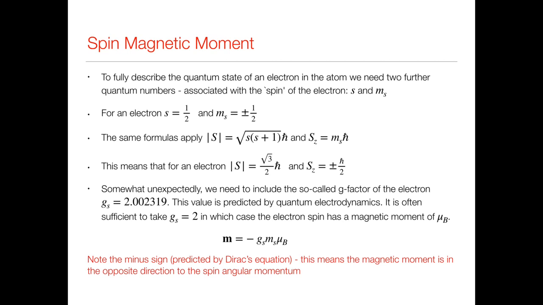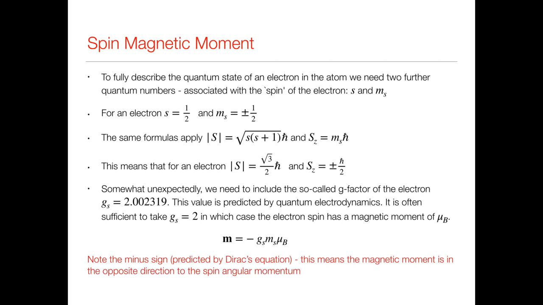But in this case, it turns out that it's slightly bigger than 2. So the magnetic moment down here is mu_B times M_S, which is either plus or minus a half, times g_s, which is this number here, slightly bigger than 2, and there's also a minus sign.